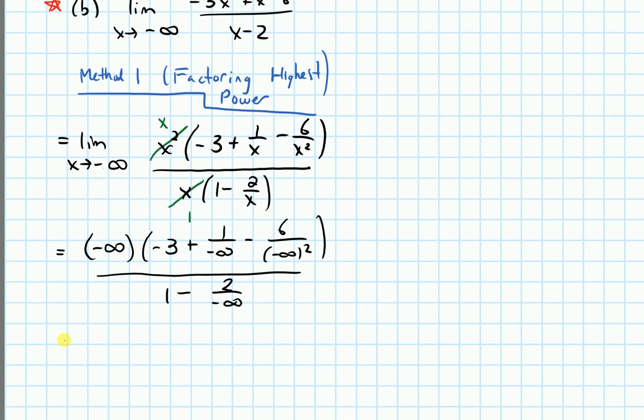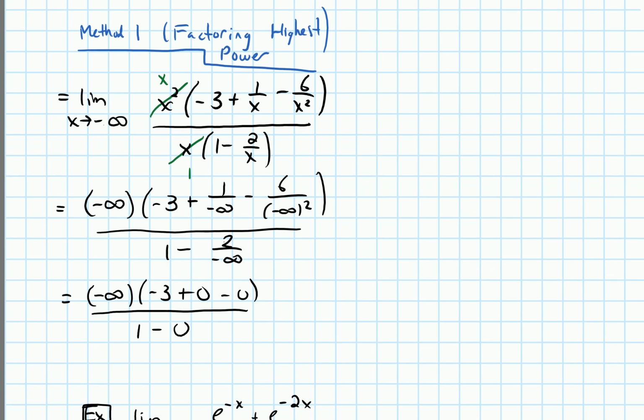Continuing to simplify, we have negative infinity times negative 3, and when you have a finite number divided by something huge, like negative infinity, it's going to be really, really small, so it approaches 0. So I'll write plus 0, and the next fraction will also be 0, so minus 0. On the denominator, 1 minus 2 over negative infinity is 1 for the same reason.